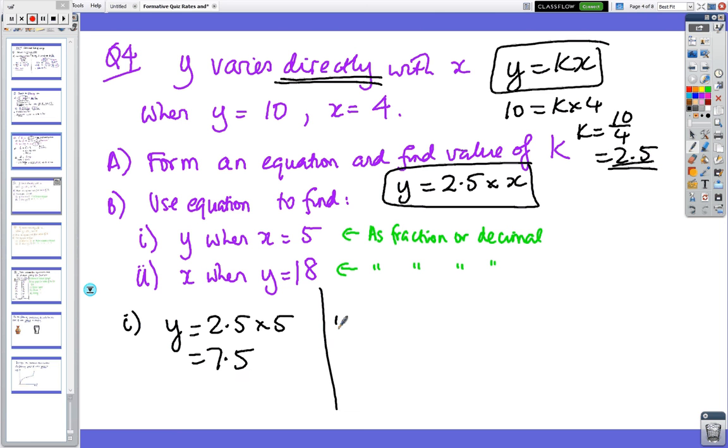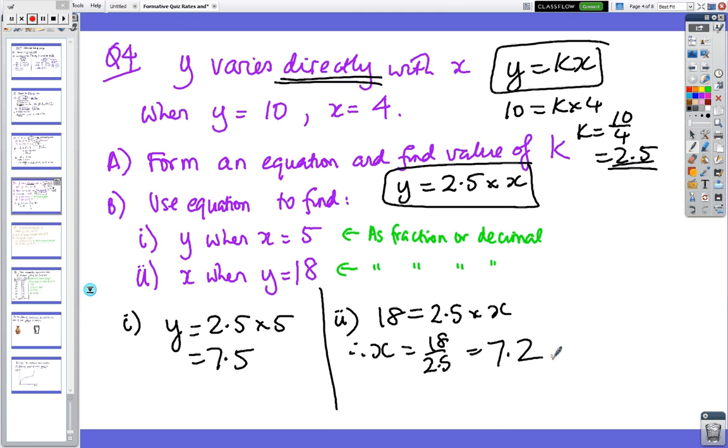In part 2, 18 equals 2.5 times x, so x equals 18 over 2.5, and on your calculator, that equals 7.2. Okay, come across when you're ready.